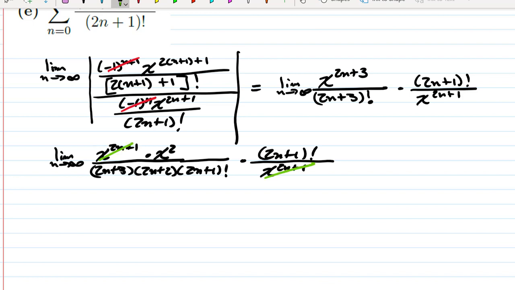That reduces out. Our (2n plus 1) factorial and our (2n plus 1) factorial reduce out, and we're left with the limit as n goes to infinity of x squared all over (2n plus 3) times (2n plus 2).